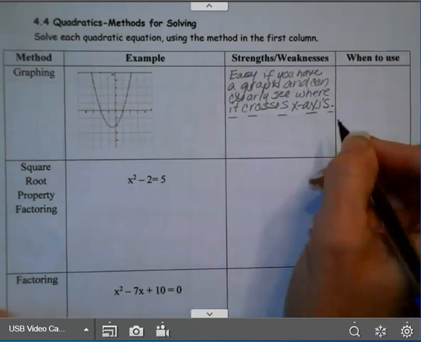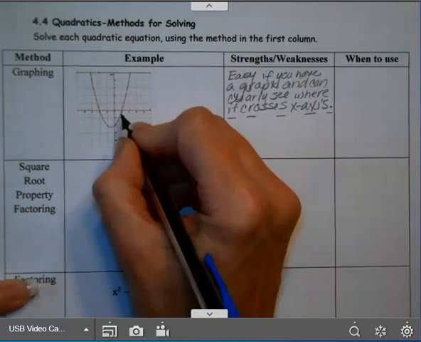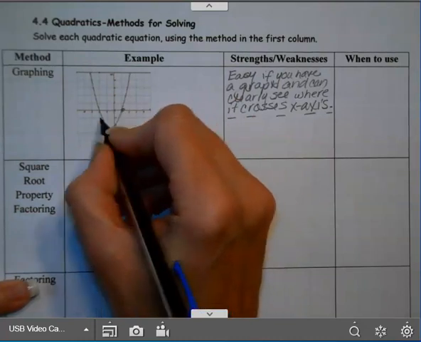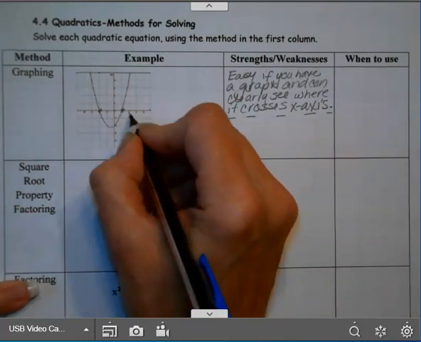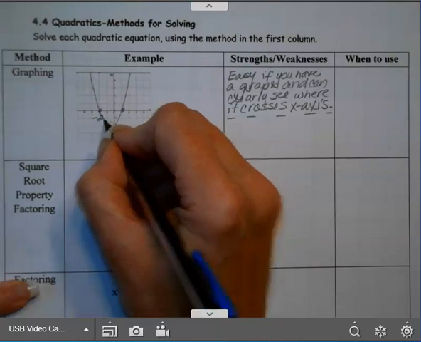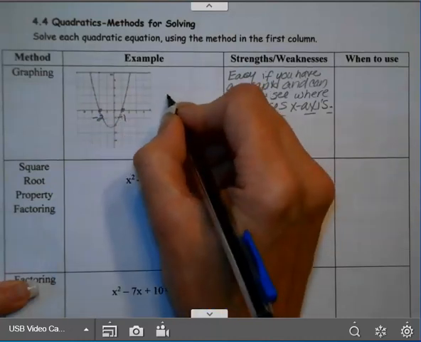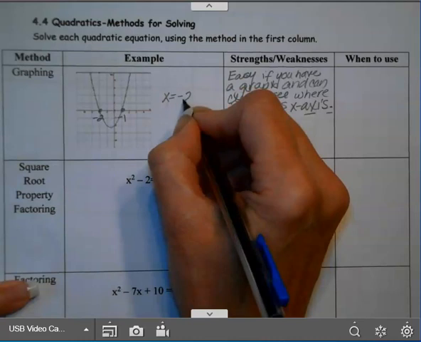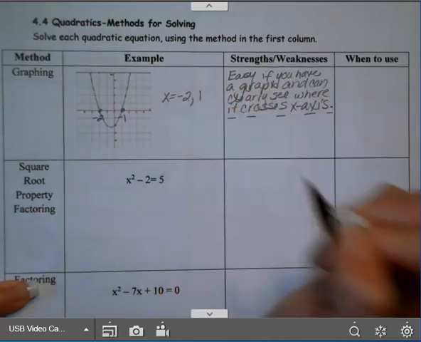If I look at my graph over here, you can see it's going by ones here. It crosses at -2 and at -1. So those are my solutions.